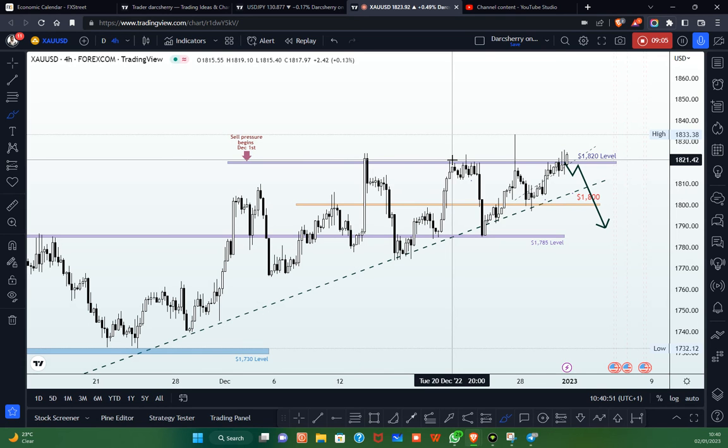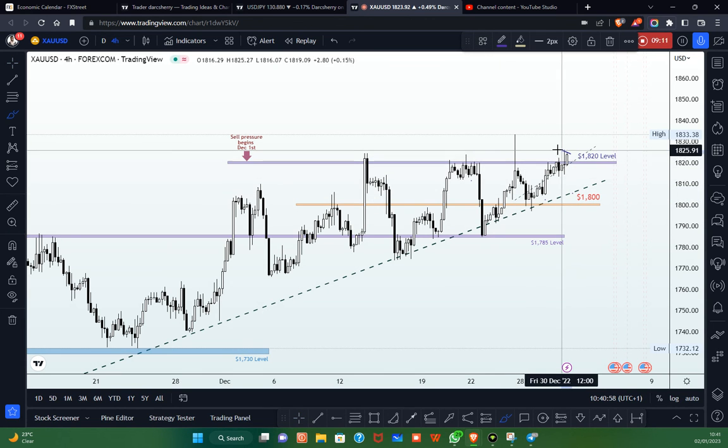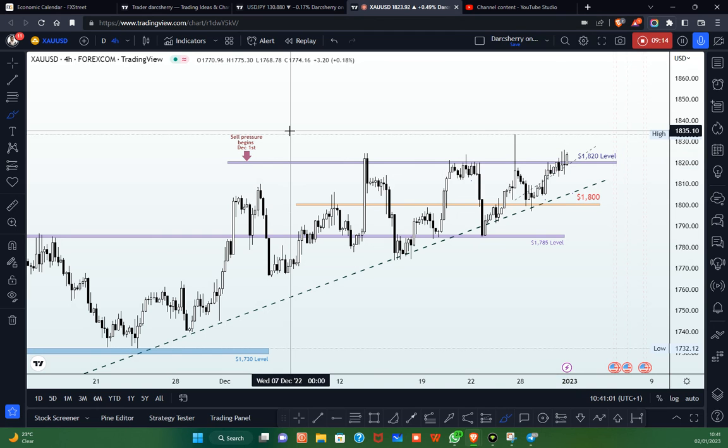Now, with the structure here, and with the situation of things right now, as you can see right now, price is around the 1820, where there is a tendency that we might likely see a breakout of that structure.